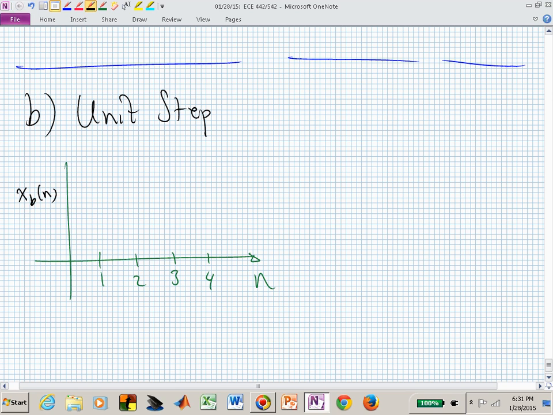What's x sub b of n? 1, 1, 1, 1, 1, right? Pretty boring. And it just keeps going and going.